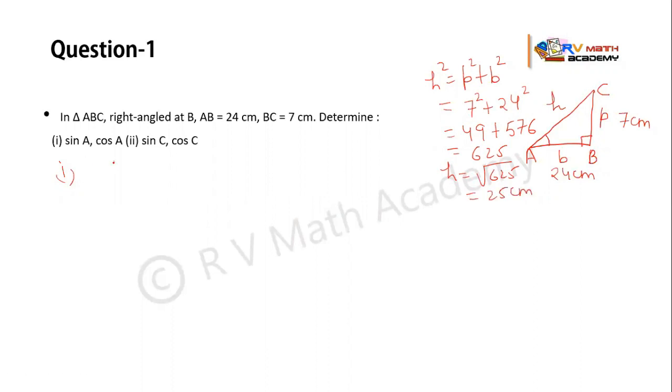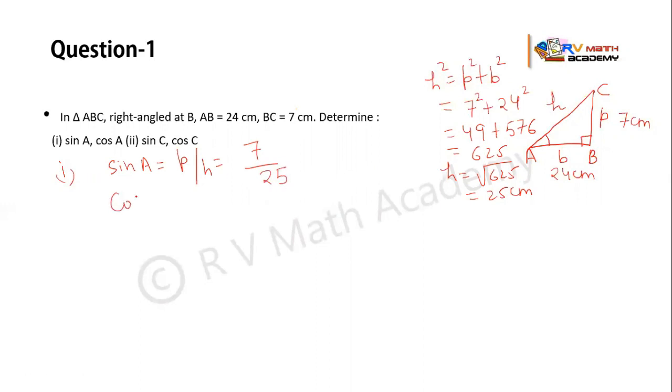Now, we have learned the formula of sine, which is perpendicular upon hypotenuse. Now, in this triangle, if I am taking this angle A, the perpendicular is the side BC, which is given, that is 7 centimeter, and the hypotenuse, which is the side AC, and AC is nothing but 25. So my sin A will come out 7 by 25.